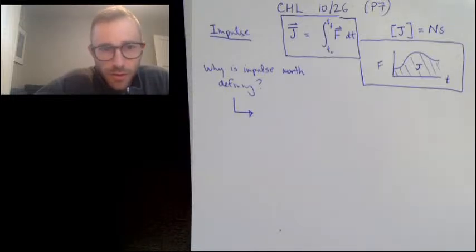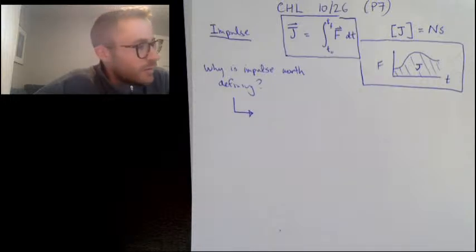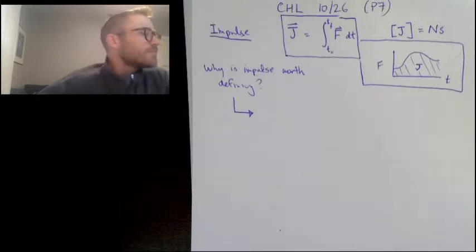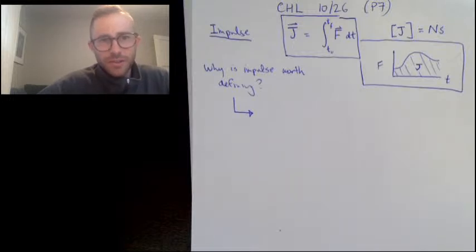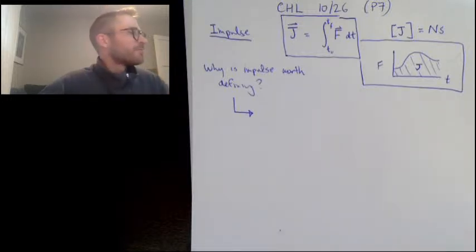Impulse is very rarely used in physics, but it is on the AP and the IB exams. I've spent very little time thinking about impulse. It's used in rocketry. It's used a little bit in astrophysics, but that's pretty much it as far as I can think of. It's just not really necessary to use it that often.